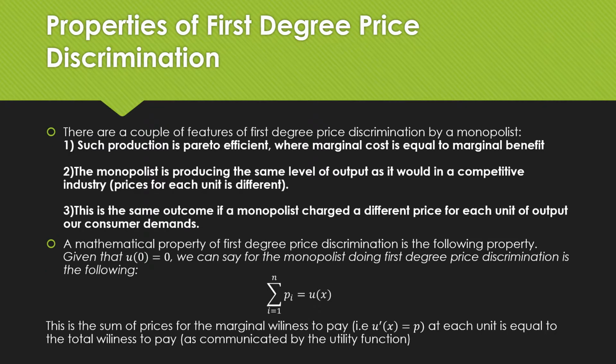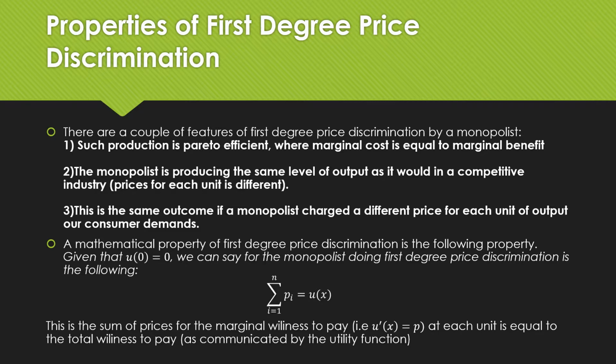So there are a couple features of first degree price discrimination that are worth noting. Firstly, production under first degree price discrimination is Pareto efficient because we have a case where marginal cost is equal to marginal benefit. Secondly, the monopolist is producing in the same way as it would in a competitive industry.